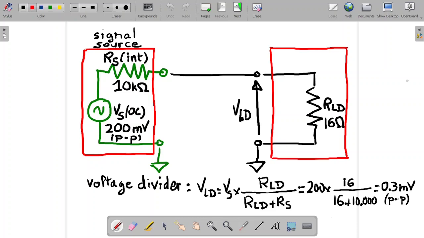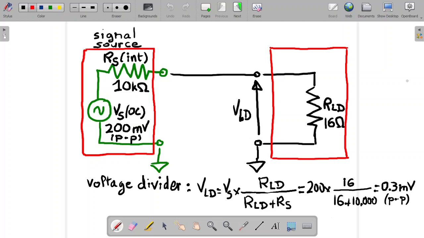So first let's look at what happens if you try to connect a signal source. It's shown on the left with that red box. So you have a source, a sinusoidal source, VSOC.